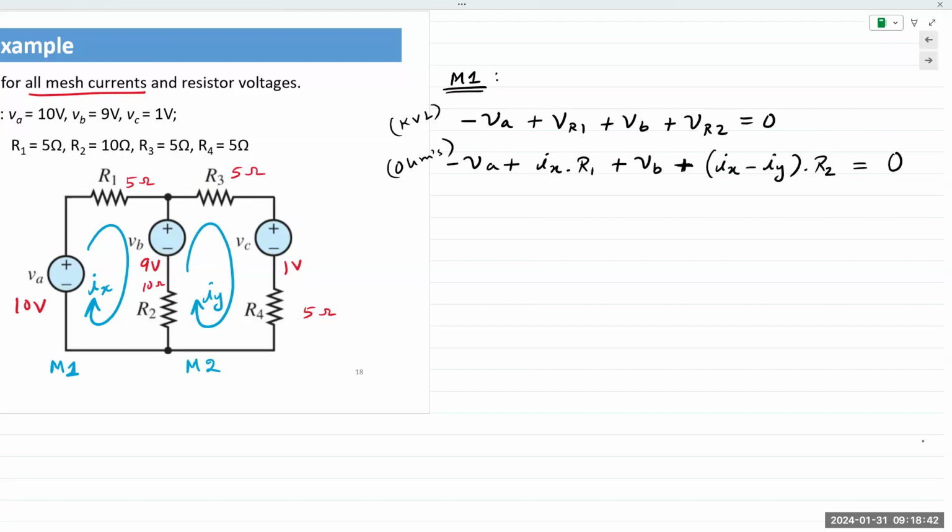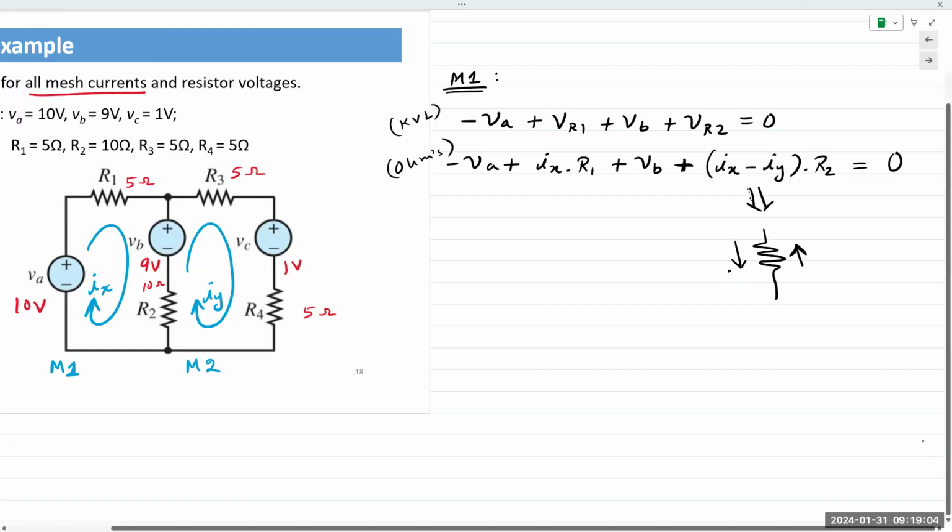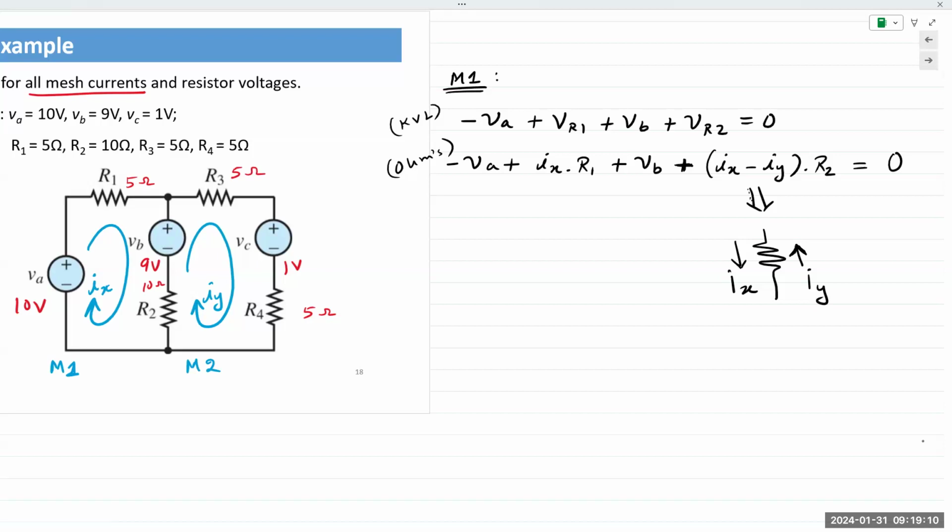When you are in mesh 1, your current Ix is going in the clockwise direction and Iy is going the opposite, because they're both clockwise in both the meshes, they're going in the opposite direction in the shared branch.